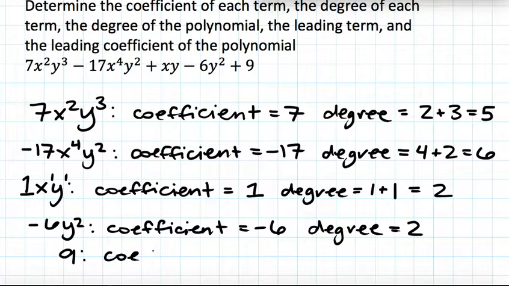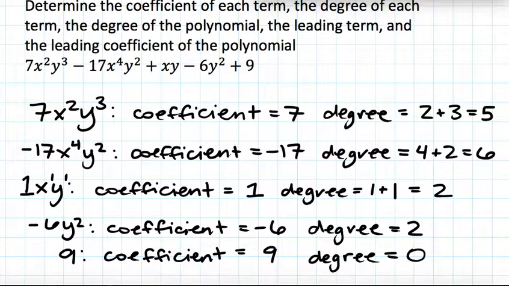Now it doesn't make too much sense to talk about a coefficient when I don't have anything for the number to be in front of, but the book says that if it's just a number by itself or a constant, then the coefficient is just what that number is. So my coefficient here is going to be 9, and when I have a number by itself with no variable like this, the degree of that is 0. So that's going through the coefficient of each term and the degree of each term.